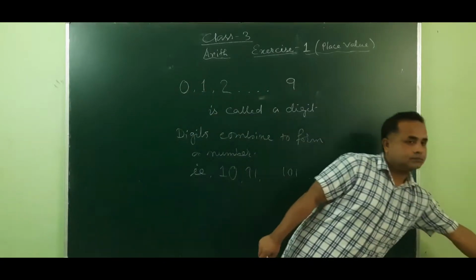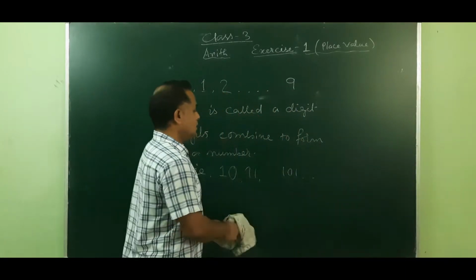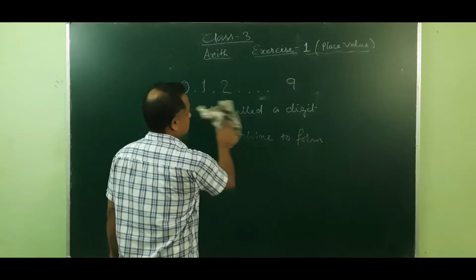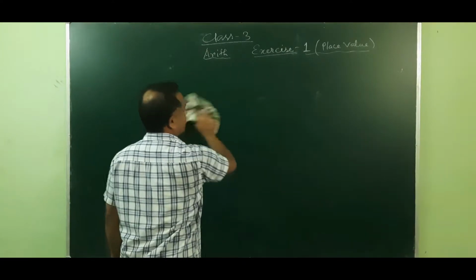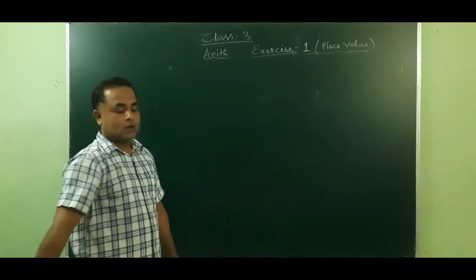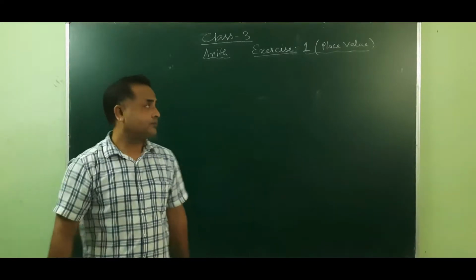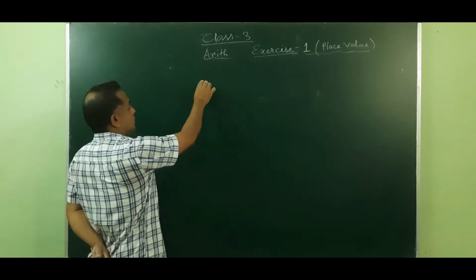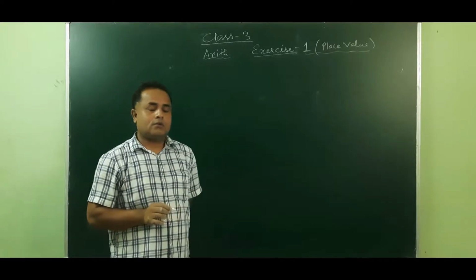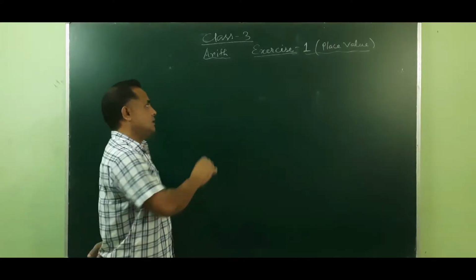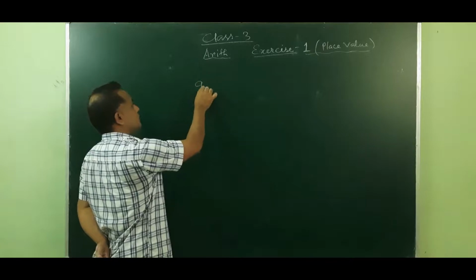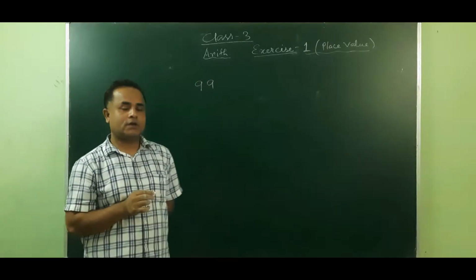Now we will see that if a question comes, or if we say greatest 2 digits, that means 99. Greatest 2 digits.